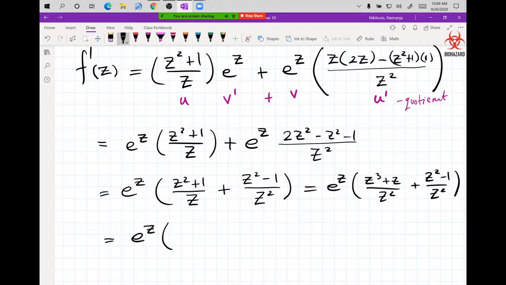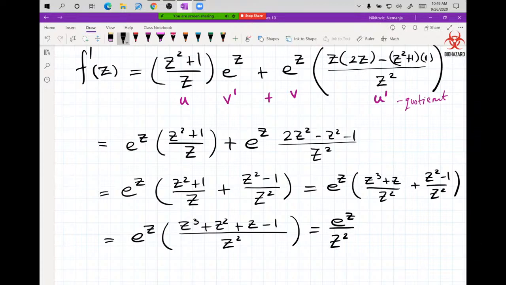E to the z, z cubed plus z squared plus z minus 1 over z squared, which gives you e to the z over z squared, and you finally have your z cubed plus z squared plus z minus 1. And that would be the most simplified that you can, because now it's easy to set it equal to 0, right? And you see that the first one will give you no answers at all. The second one, right? Good luck with solving it, and problem is done.